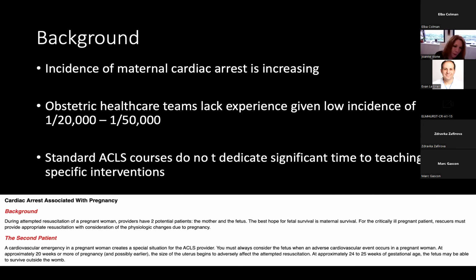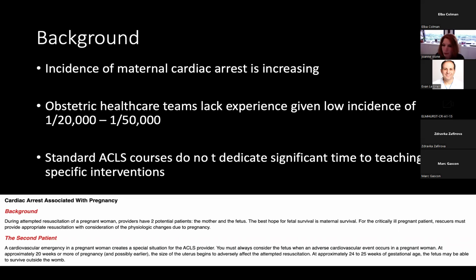So the incidence, as I mentioned, of maternal cardiac arrest is increasing. The occurrence is about 1 in 20,000 to 1 in 50,000 deliveries. Since it's so rare, few providers are really comfortable with this because they just don't have the routine volume to practice cardiac arrest treatment.